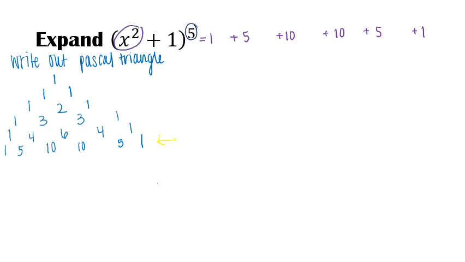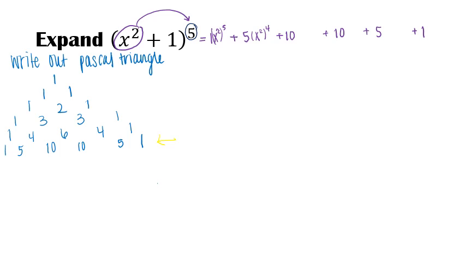Now, you're going to take x squared and raise it to the 5th power. And then you're going to take 1 and raise it to the 0 power. So that's just 1. Okay, then I'm going to take the next one, x squared, now raised to the 4th power. And then 1 becomes 1 squared, which is still 1.